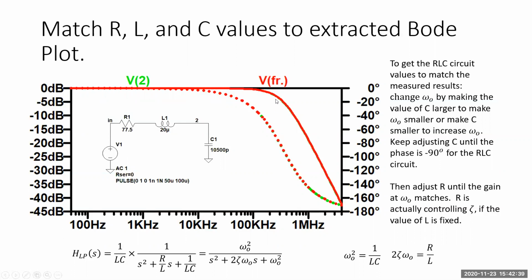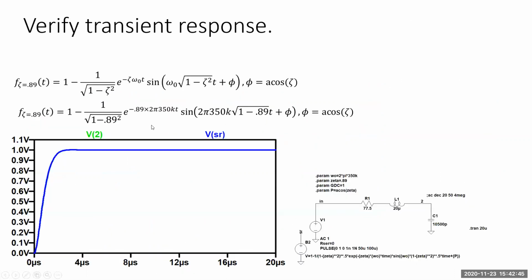And so I adjusted things until I got a much better match, and then looked at the transient response. And you can see there's this little rise. So as zeta equals 0.89, there is a little bit of overshoot. Okay.